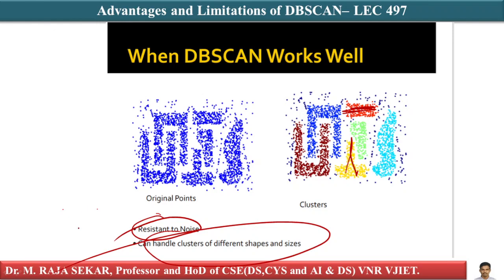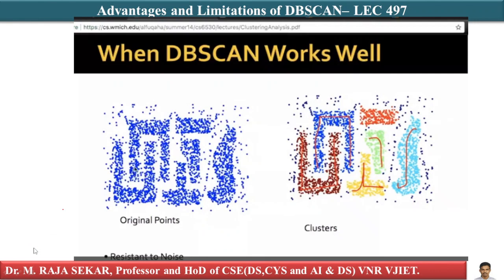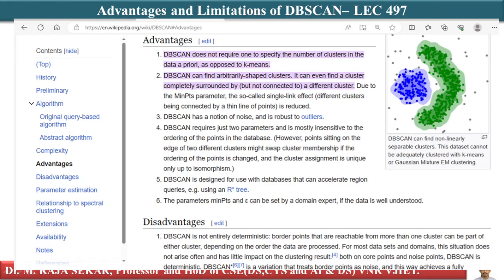To understand more advantages of DBSCAN, let's go to the Wikipedia article where there are lots of advantages. DBSCAN does not require you to specify the number of clusters.